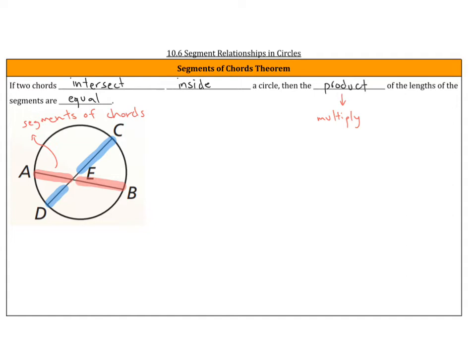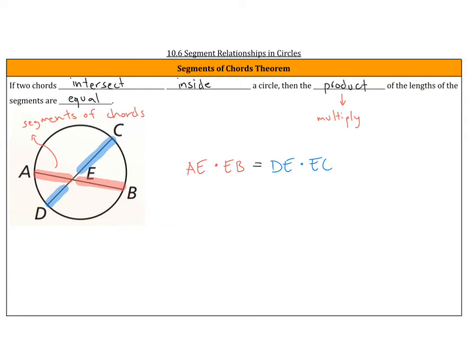Now, what the theorem says is that if you take the product, in other words, if I multiply the segments of the chords, so I can go ahead and take AE and multiply it with the rest of the chord, EB, and this should be equal to the parts of the other chord, which is DE times EC.